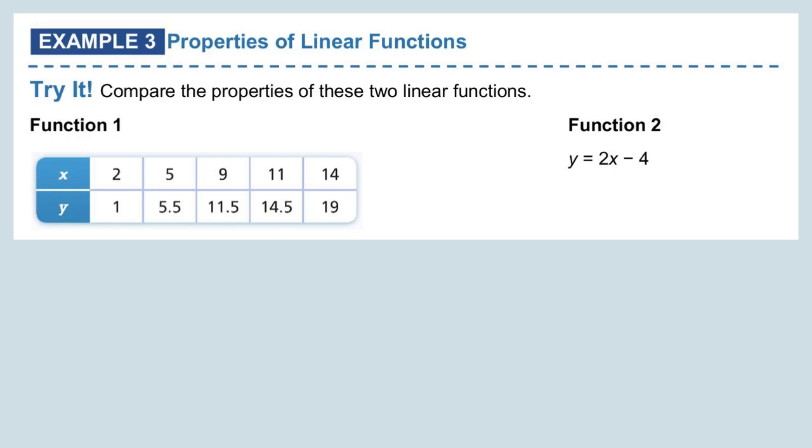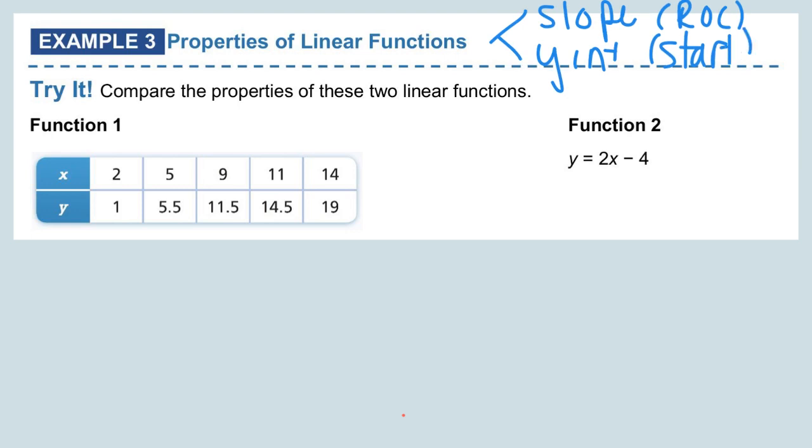All right, here is our try it on page 179, and we are going to compare the properties of these two linear functions. And remember the two properties we are comparing. We are comparing their slopes, also known as rate of change, and their y-intercept, or their starting point.